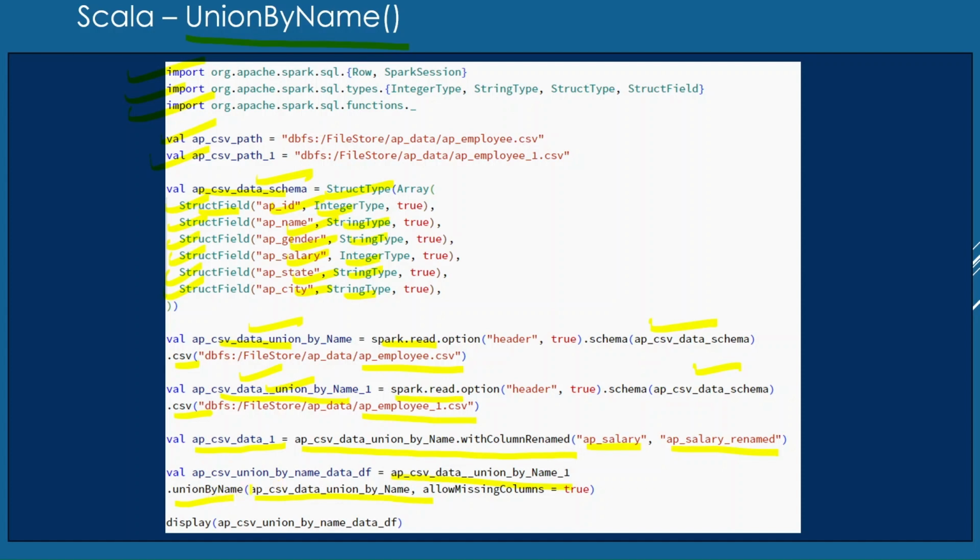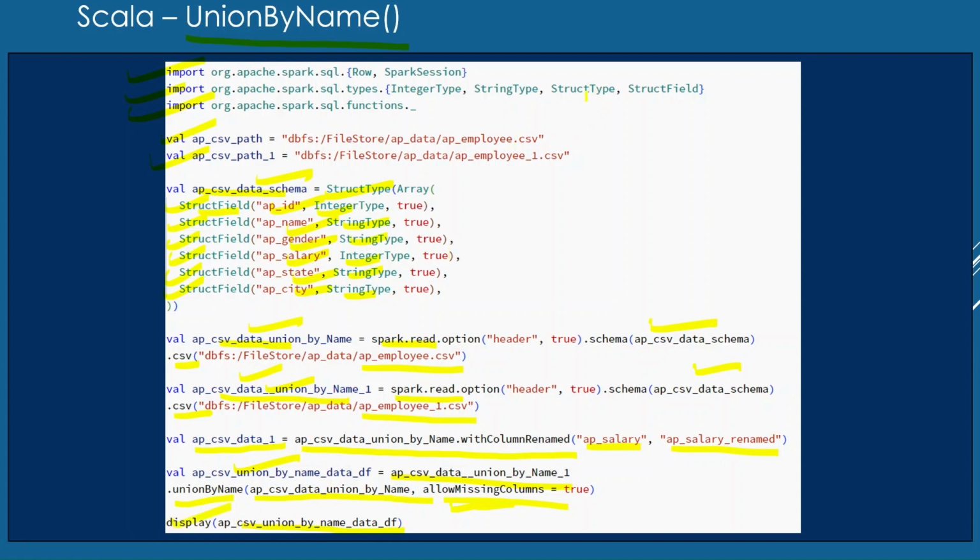I am also passing the parameter allowMissingColumns equal to true. This is the main thing. And once this data frame gets created by merging the two data frames into one, I am displaying it with the display function.